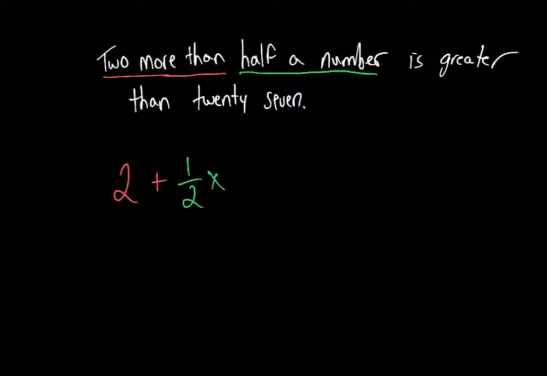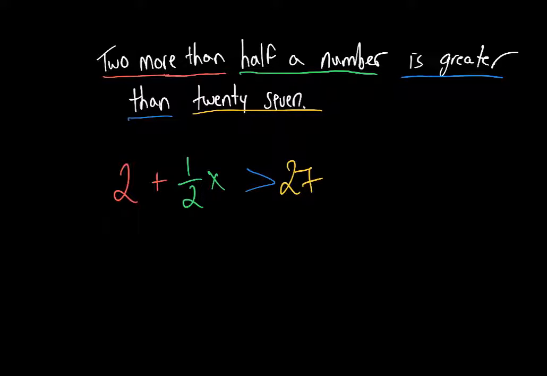We don't know what number it is, x or whatever you want to use, doesn't matter. Okay, is greater than, so this part that we've already written needs to be greater than the last part, 27.